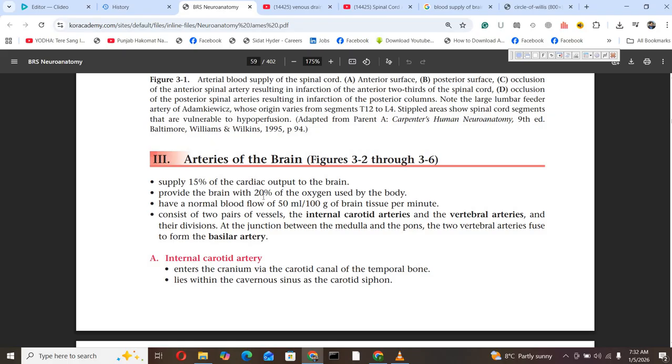Arteries of the brain consist of two parts: internal carotid arteries and vertebral arteries.